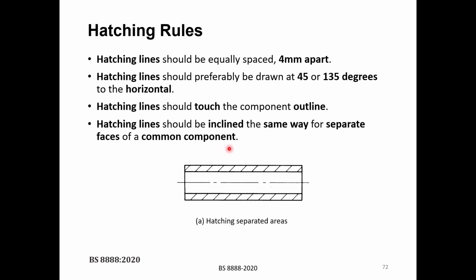Then hatching lines should be inclined the same way for separate faces of a common component. So for what is a single component, the hatching that is used for this part of the component should be exactly the same as the hatching that is used for this second part of the component.